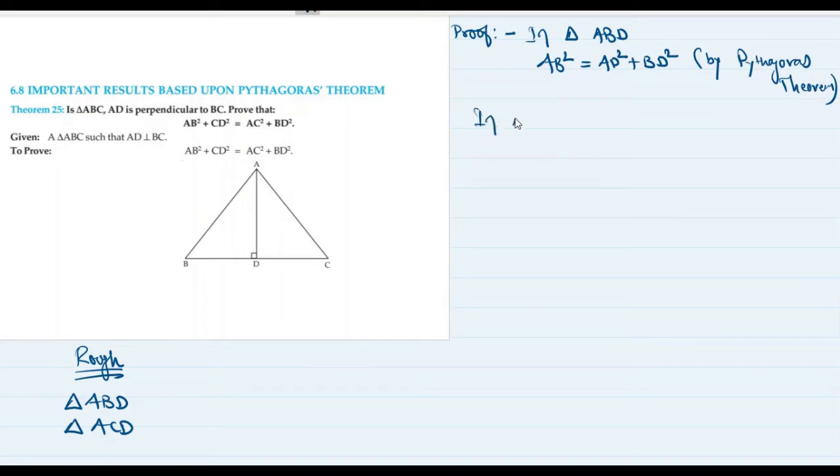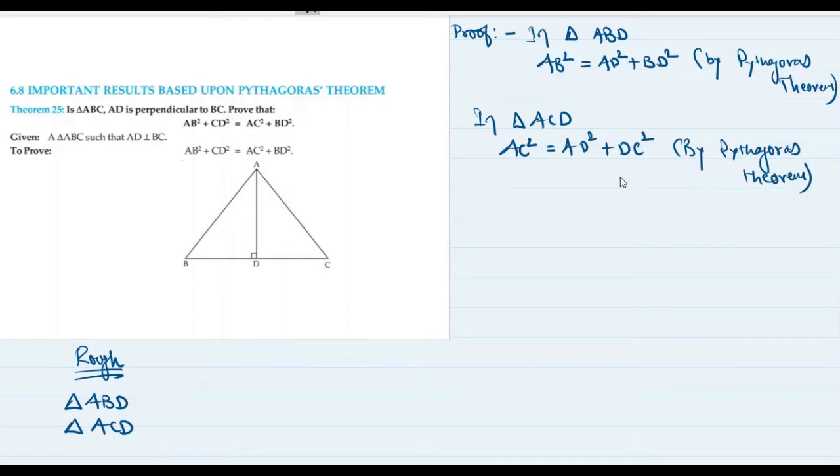Then in triangle ACD, AC square is equal to AD square plus DC square, by Pythagoras theorem.